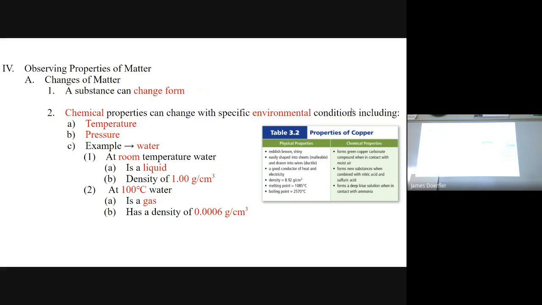Even though we go like this, we really don't feel anything. Right now, there are currently air molecules pushing down on us. Not only on us, but on, say, your water back there. There are air molecules, which is really what atmospheric pressure is, pushing down on the molecules in that water bottle over there.